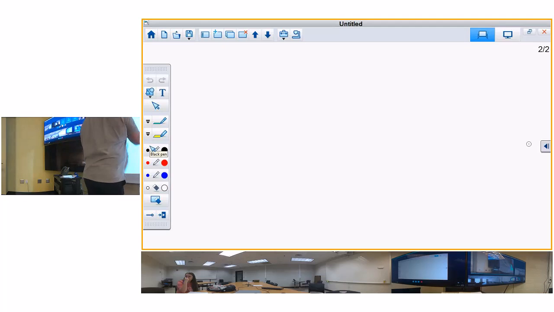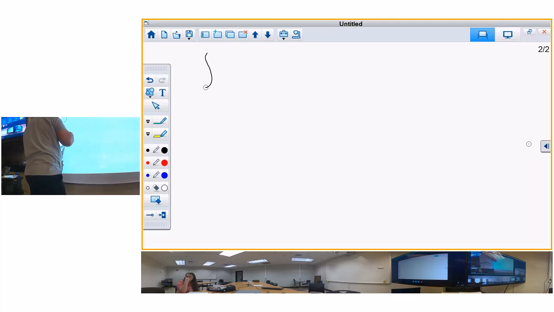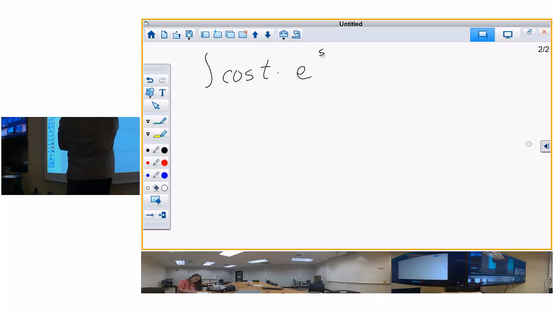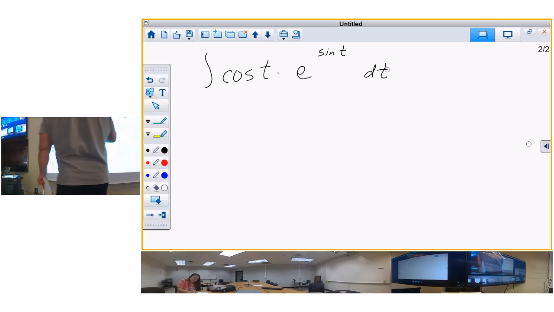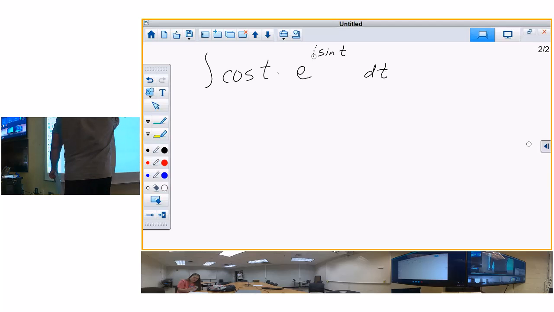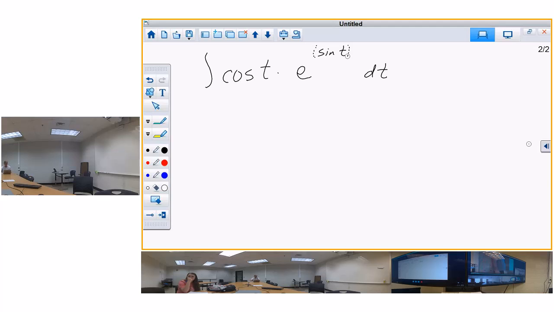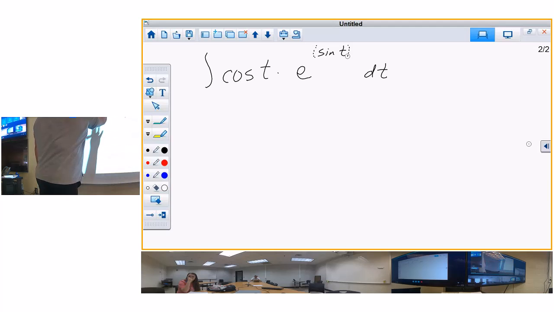Antiderivative of cosine of t times e to the sine of t dt. And I would probably use this for your u. And I'm going to rewrite this because if I'm going to make the e to the whatever part of the u, I'm going to write this with that dt.